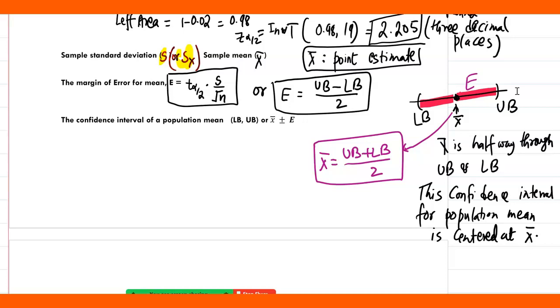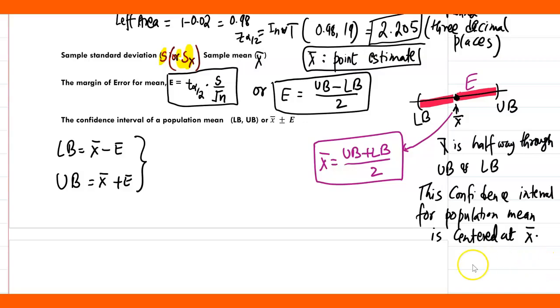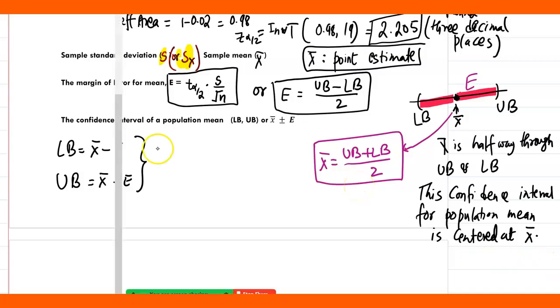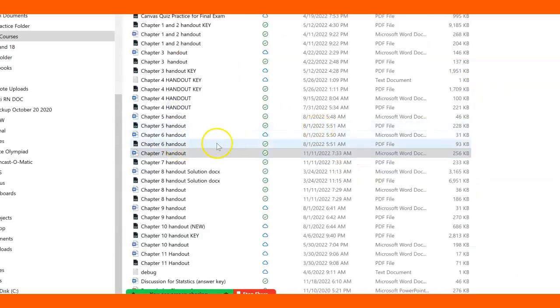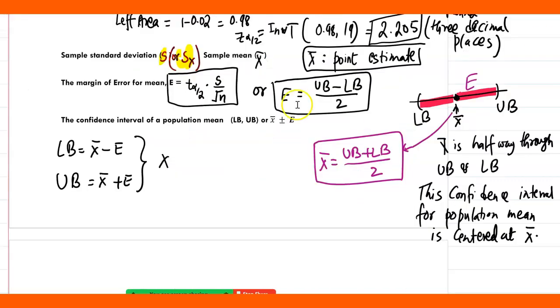Okay, a lower bound is going to be x bar minus e, upper bound is going to be x bar plus e, and together we call it x bar plus minus e.